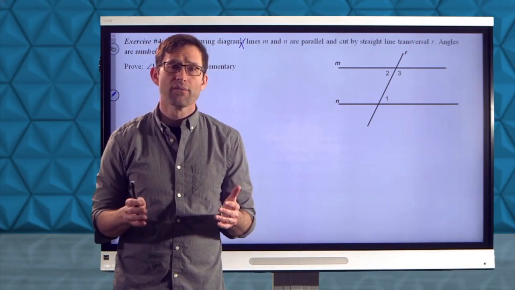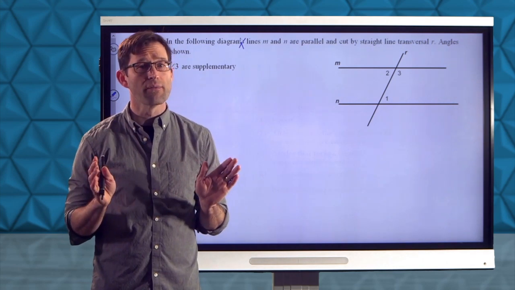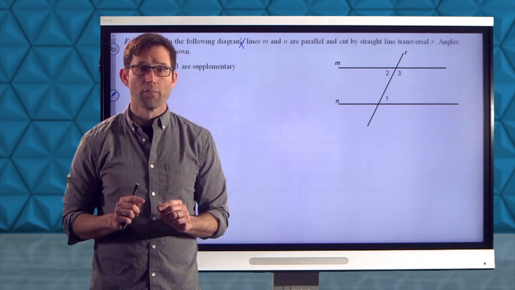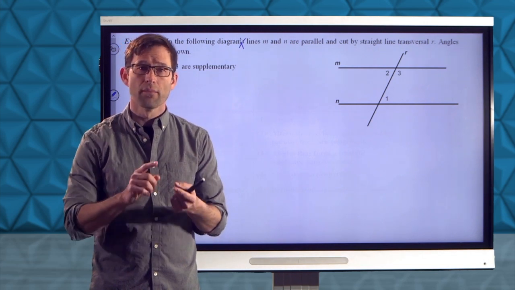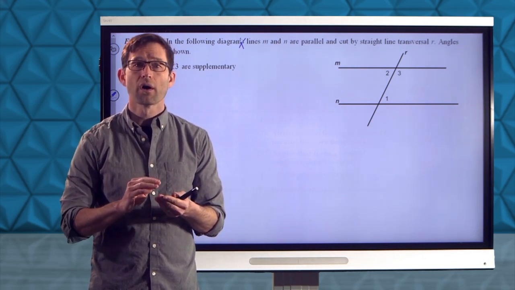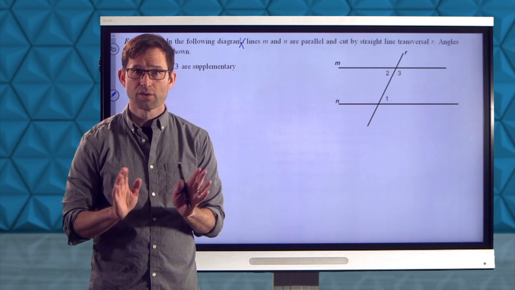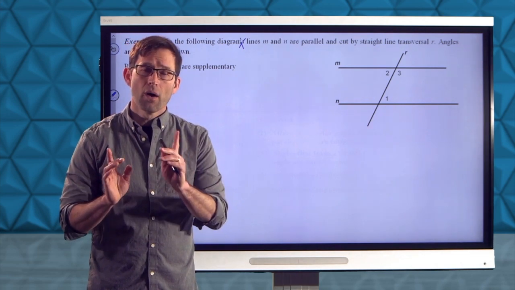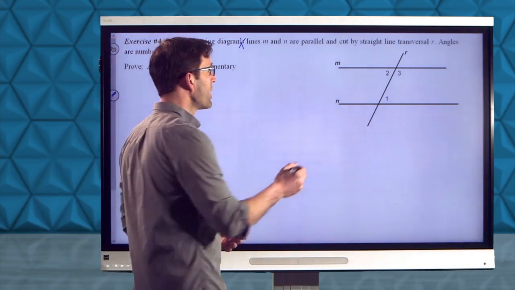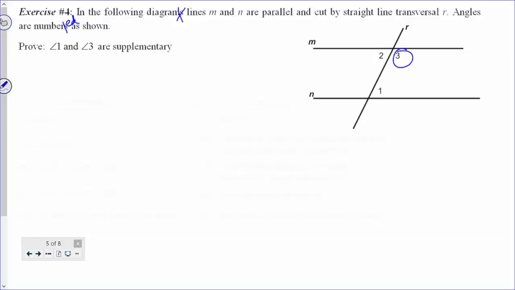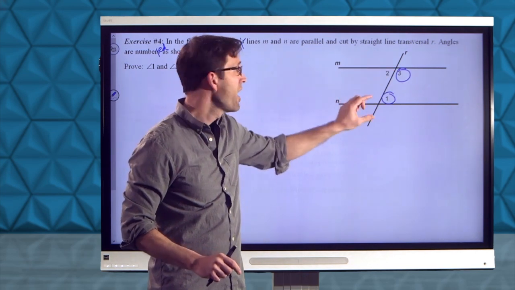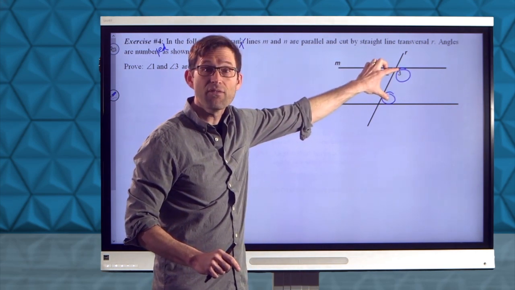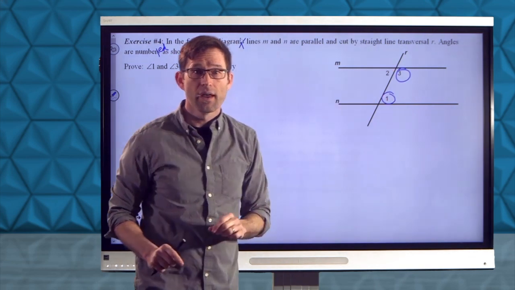Now, this is actually kind of an important proof. It's not necessarily a very difficult proof, but it's an important proof. One of the things that's very useful to know, right? We've talked about corresponding angles. We've talked about alternate interior angles, right? But another piece of terminology that's kind of nice is when you have 2 angles that are on the same side of the transversal, like these 2, and are on the inside of the parallel lines, okay?